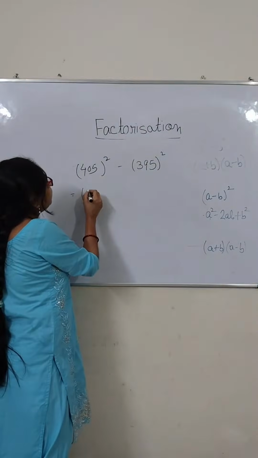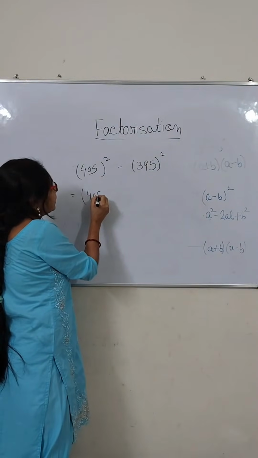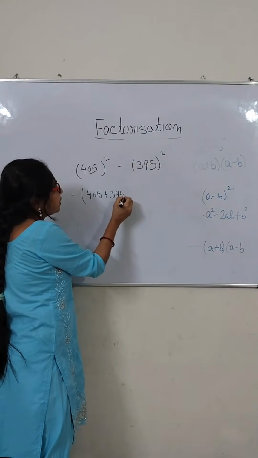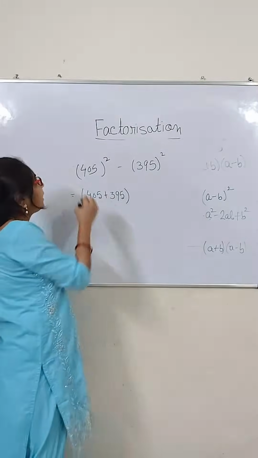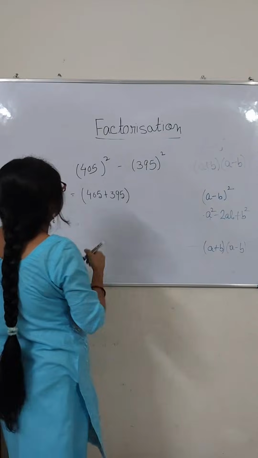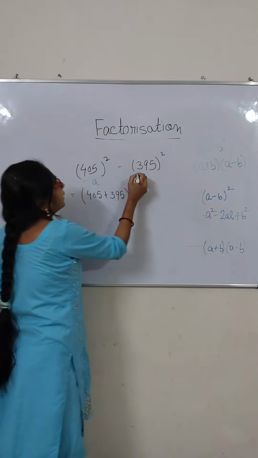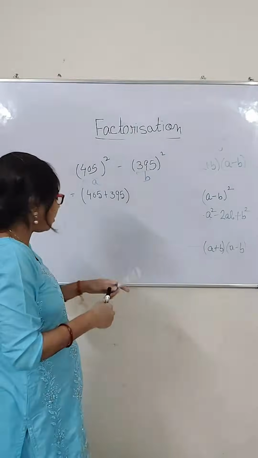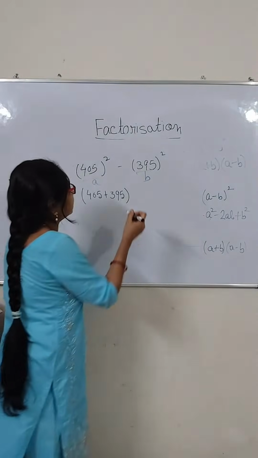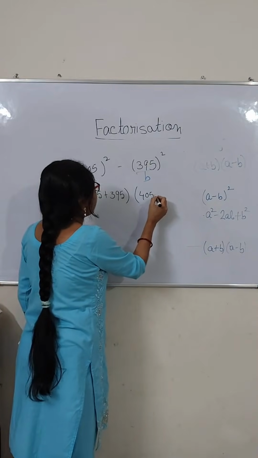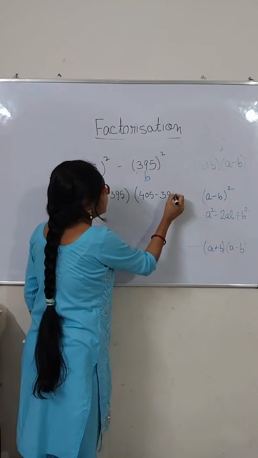Means 405 plus 395. This is plus a. Here I can write a and here I can write b. Means the a square minus b square formula should be applied here, and there is b: 405 minus 395.